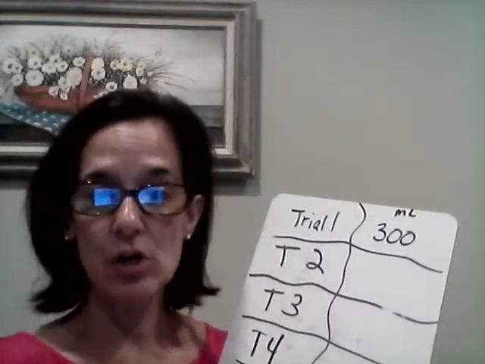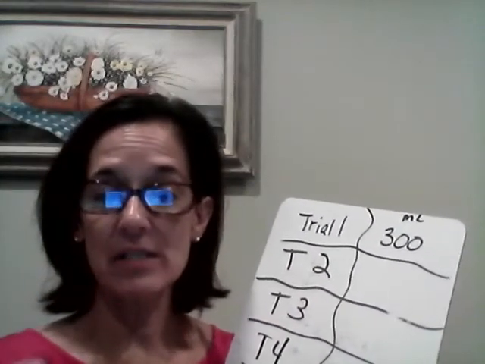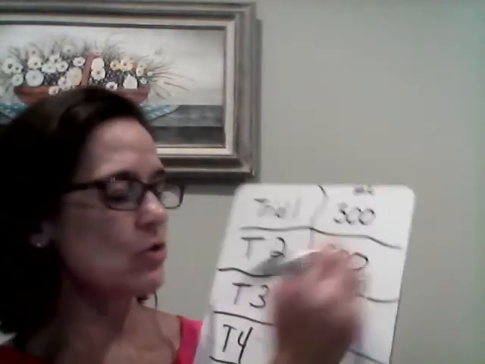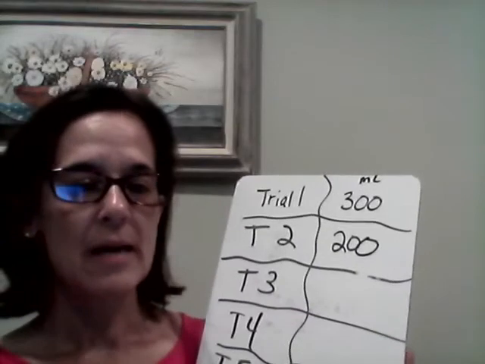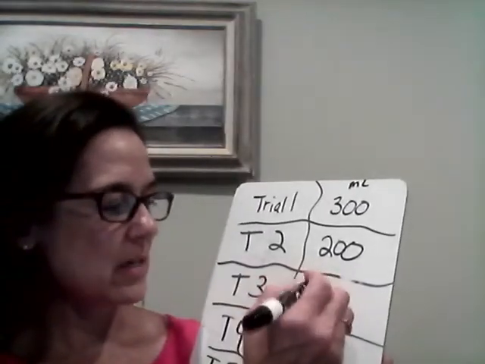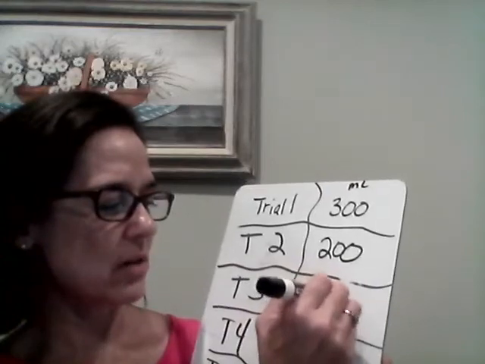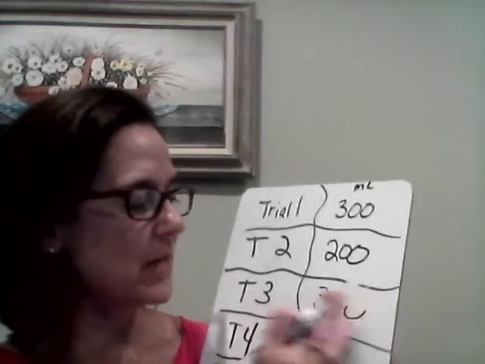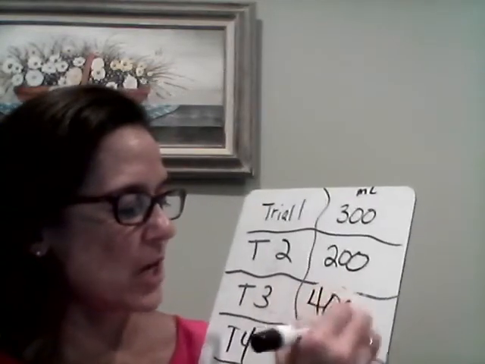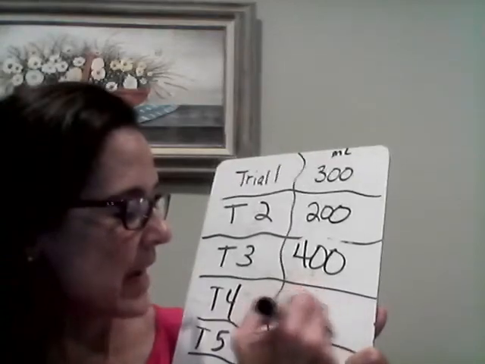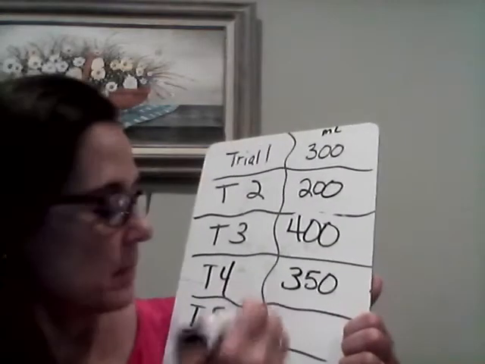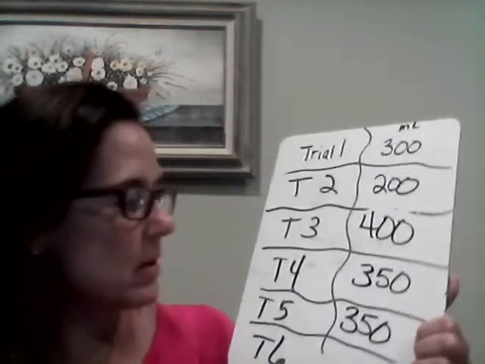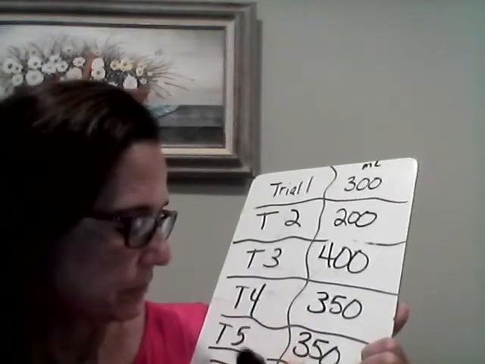And trial number 2, when Braden set the timer the second time for 10 seconds, it was 200 milliliters, I'm pretty sure. And then we had 350 milliliters. Oh, I think I've got these backwards. I think this one was 400. And then we had 350 and 350 and then 300, I'm pretty sure again.